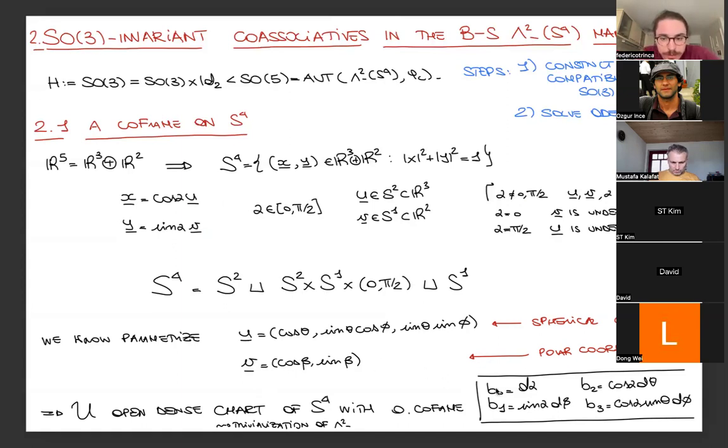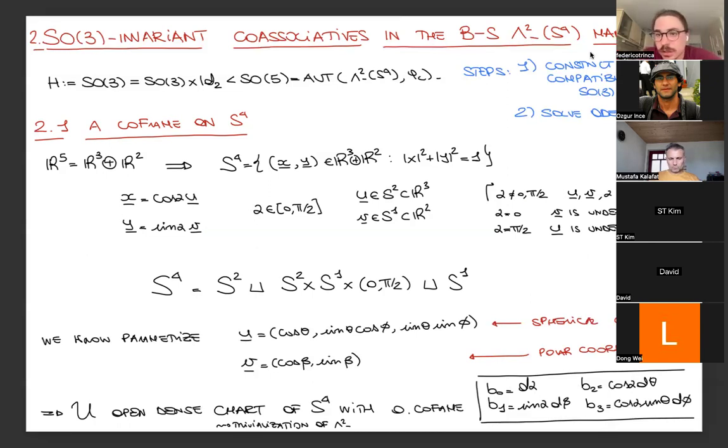Explicitly, you can compute the orthonormal coframe, and this is given by d alpha, cos alpha d theta, sin alpha d beta, and cos alpha sin alpha d phi. So these are the 4 one forms that we have here.